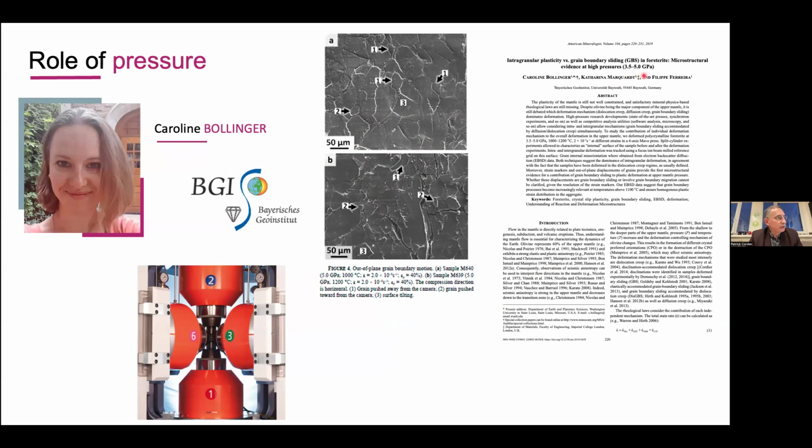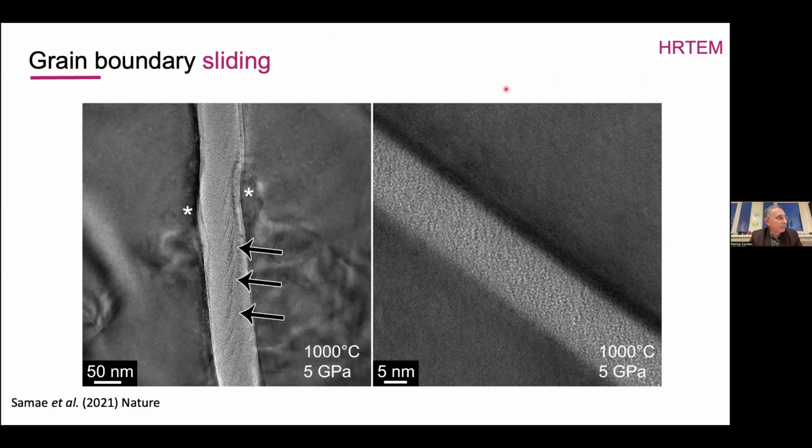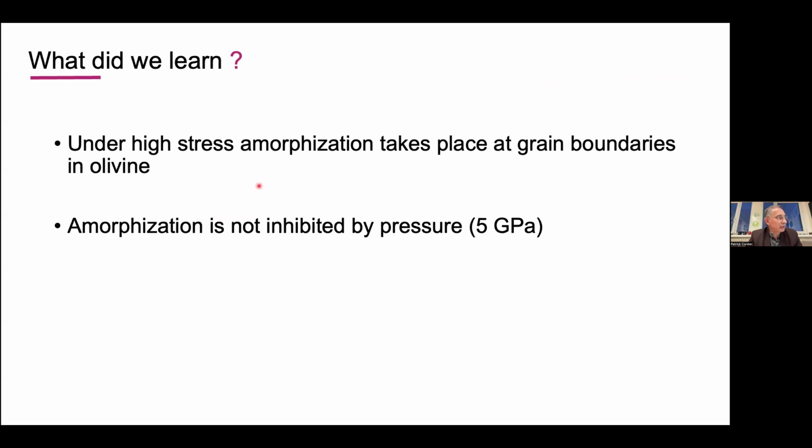So we decided to investigate her samples, and indeed we found massive evidence of amorphous layers at the grain boundary, with even here some clear evidence of shear lamellae demonstrating that those amorphous grain boundaries are the place where shear localizes. So at this stage, what do we learn? We learn that under high stress and even at 1000 degrees C, amorphization takes place at grain boundaries. Not only, I will show you, but mostly at grain boundaries in olivine, and that this is not inhibited by pressure.